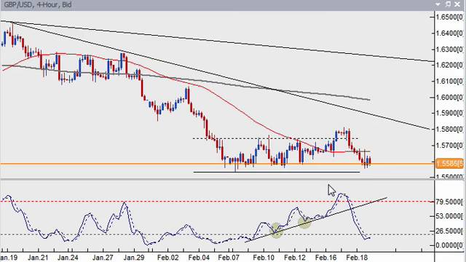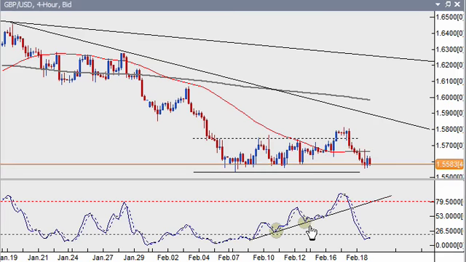Here's a look at the pound dollar pair, 4-hour time frame. We saw some possible further retracement here from the stochastic, from price action here as well. But yesterday we had a reversal signal here.